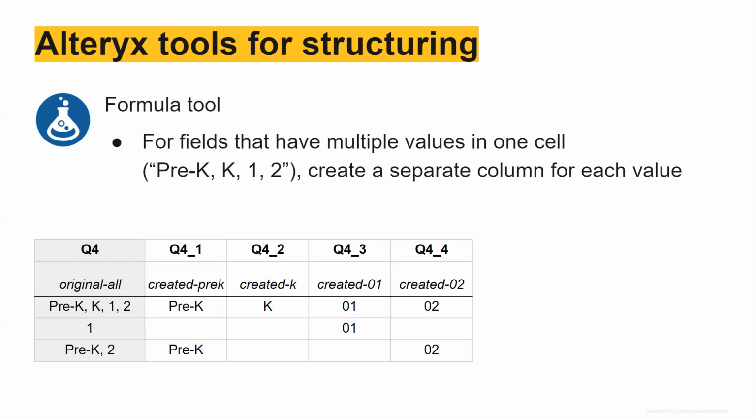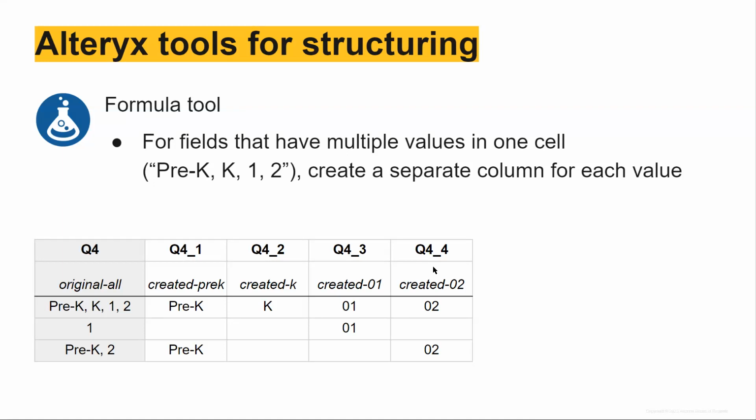So this little table here is just a sample to illustrate what we were trying to do. Obviously, it could go from pre-K all the way up to grade 12, but this is just an illustration. So Q4 here, our first column, represents the original column in the data where they had the grades strung together. And then these other columns were the columns we wanted to create so that there would be a separate column for each grade.